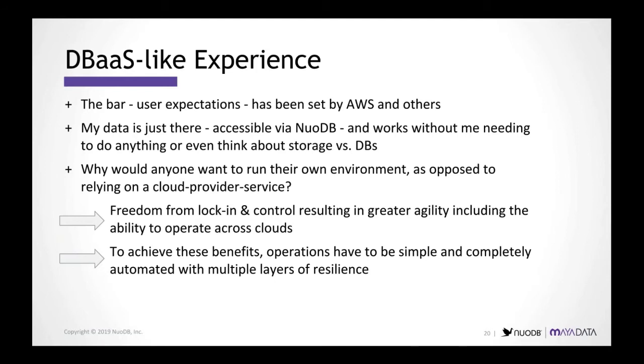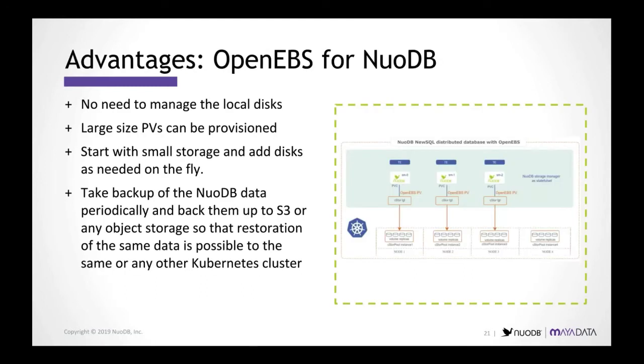Next, using OpenEBS along with NuoDB, or under NuoDB, you don't really need to manage the local disks. They will be managed by OpenEBS, and large PVs can be thin provisioned, or you can create pools that don't exist in terms of capacity today, and when you get closer to that, you can fill in with more disks.